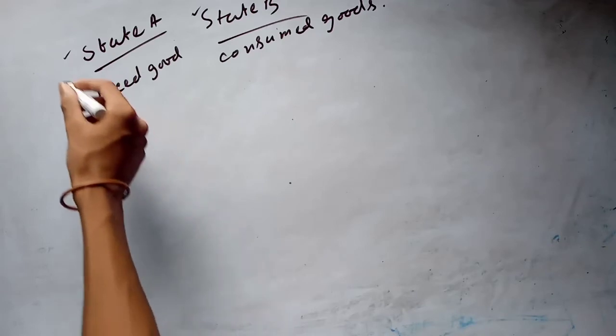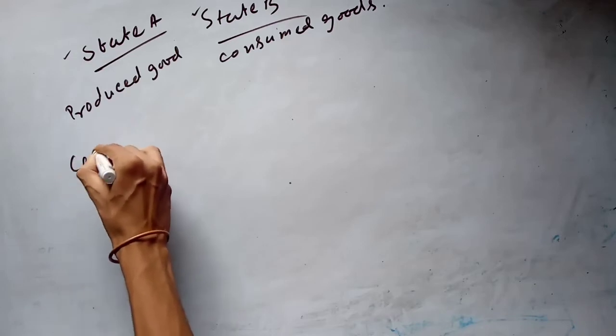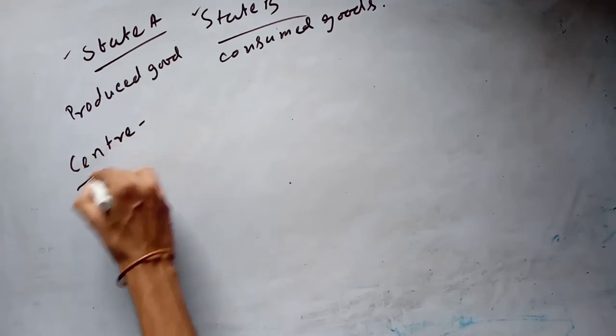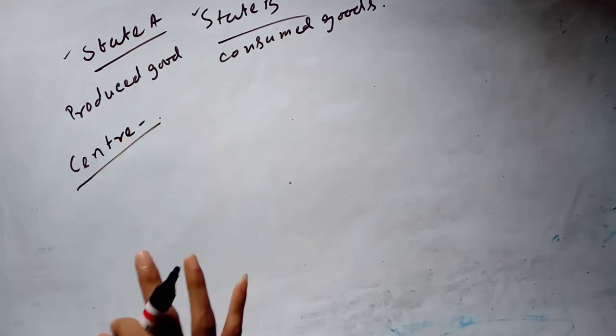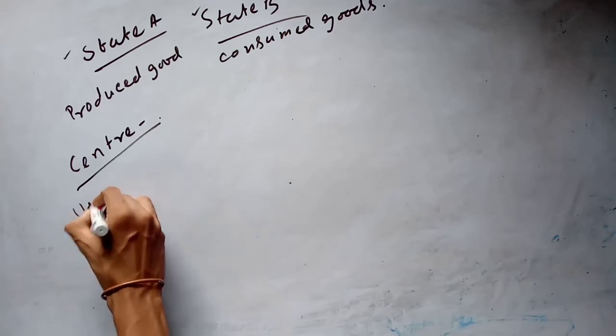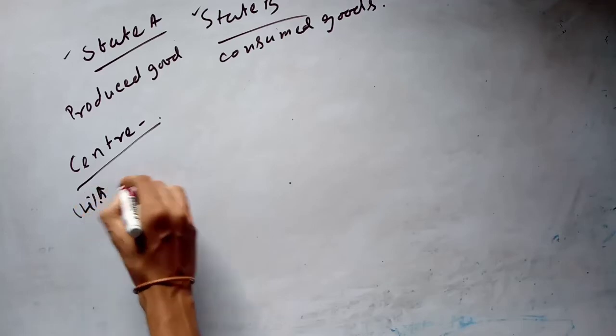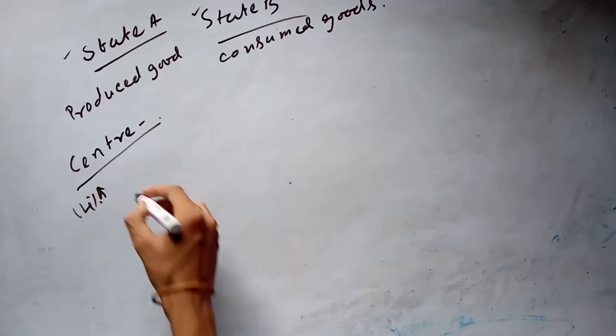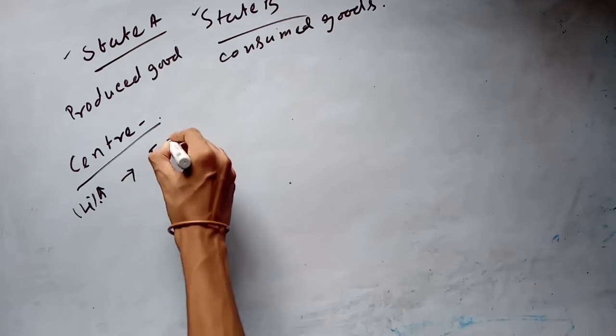So for that loss, the center assured that they will bear that loss, which is called compensation cess. Not only that, the center will assume that the revenue growth is a 14% increase each year for a time limit of 5 years.